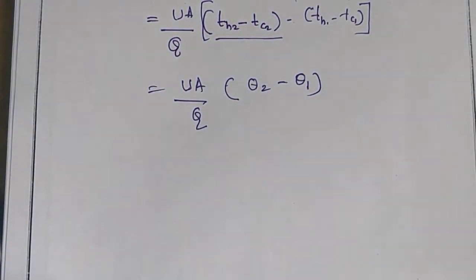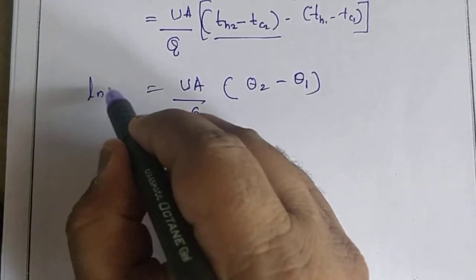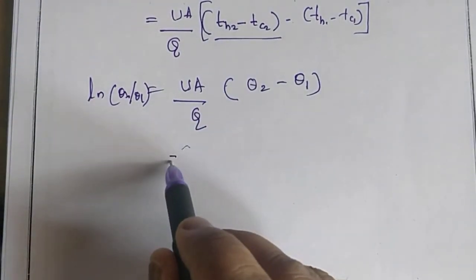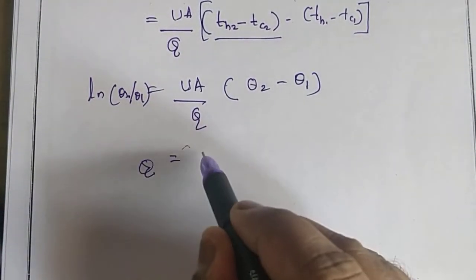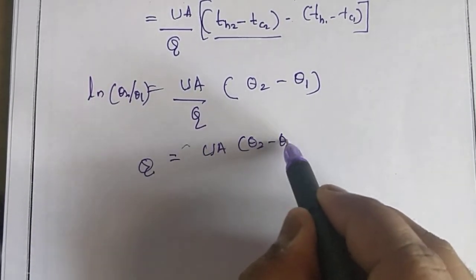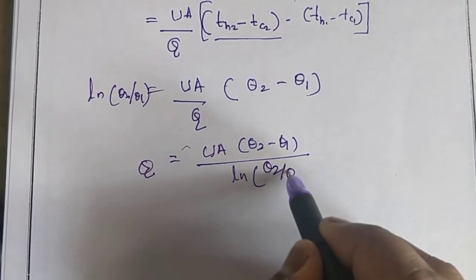Then Q is equal to, here, ln theta 2 by theta 1. Okay, here Q is equal to UA times (theta 2 minus theta 1) divided by ln of theta 2 by theta 1.